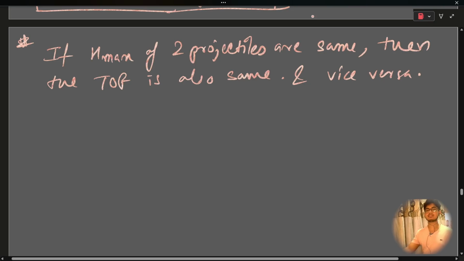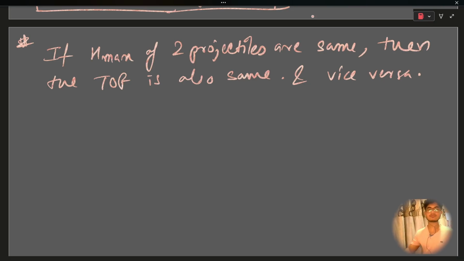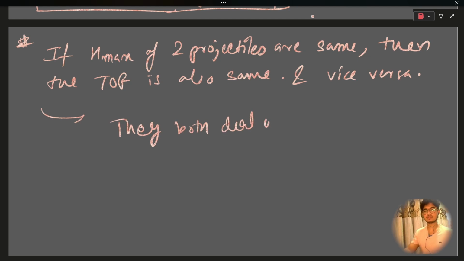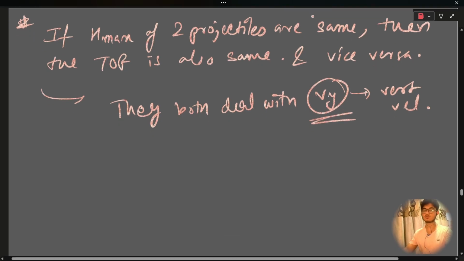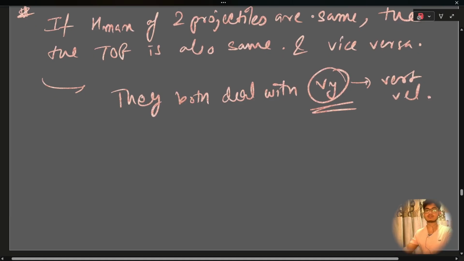If the time of flight is the same, then the H max of the two projectiles is also the same. Why? Because they both deal with Vy, that is vertical velocity. If any of these are equal, then the vertical velocities of the two projectiles come equal. So these go hand in hand.